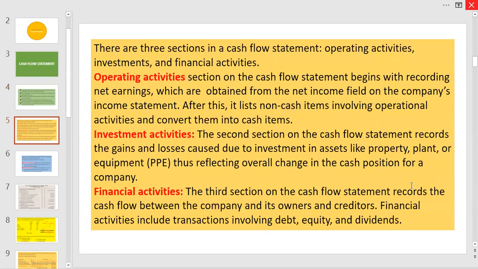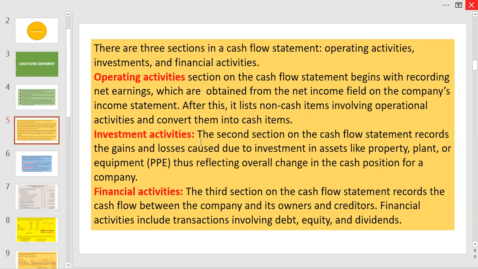Operating activities of the CFS begin with net earnings, treating all incomes as inflow and all expenses as outflow. In this, some non-cash expenses like depreciation, provision for bad debts, etc. may be included, so those will have to be added back.